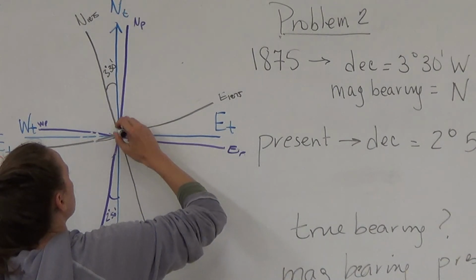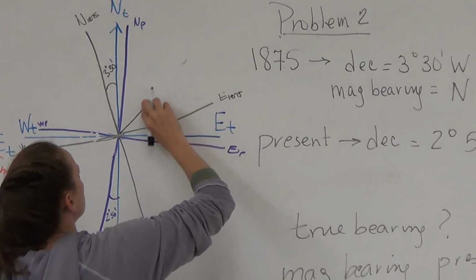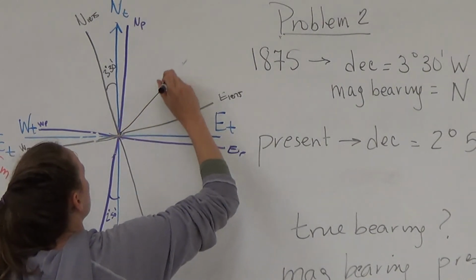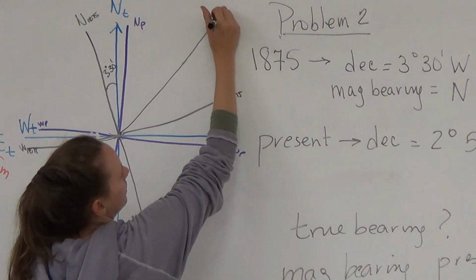So you measure that because it was a magnetic bearing in 1875, you measured that angle from the magnetic north in 1875. Correct. Okay.